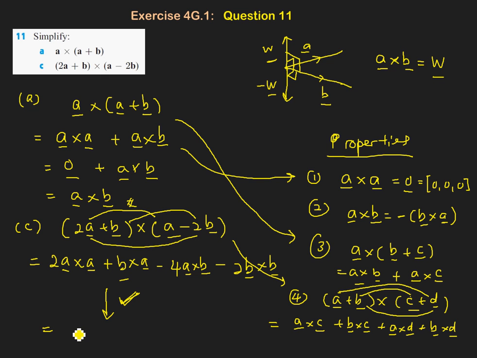You perform this, and you will eventually get 5 times B cross A. You should have fun doing this.